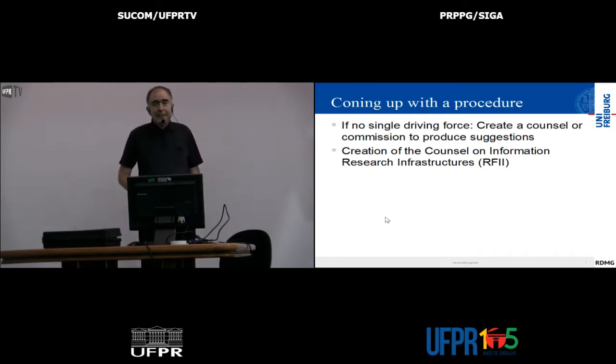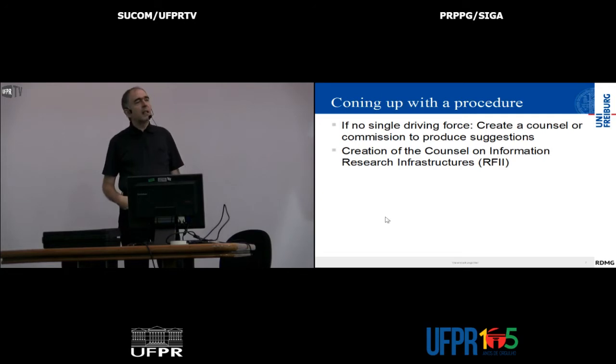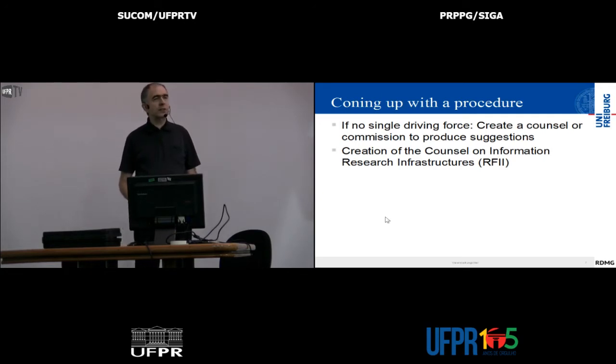Or you create a council. Again, that requires someone in politics. We have this Council on Information Infrastructures in Germany, and they wrote a white paper on how information infrastructures should be built. And the smart thing was, they didn't say we need one central institution in Berlin, but they came up with this wonderful and smart idea.